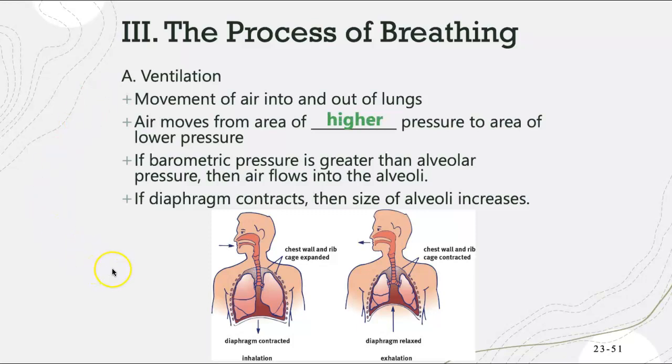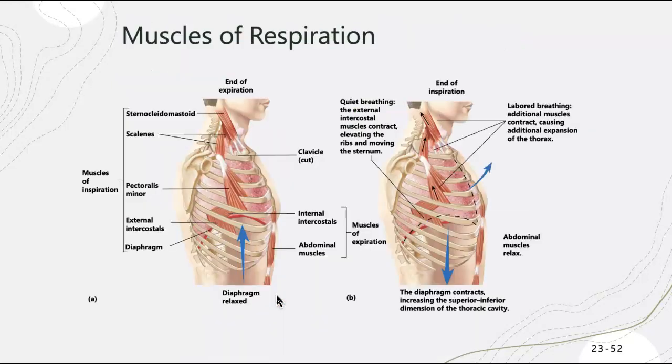If we have that barometric pressure greater outside here in the environment than our alveolar pressure that we have within our lungs, then our air is going to want to flow into the alveoli. Our diaphragm then is going to contract, which flattens it out, and the size of our alveoli are going to increase. Let's talk about some of the muscles that help us with respiration.